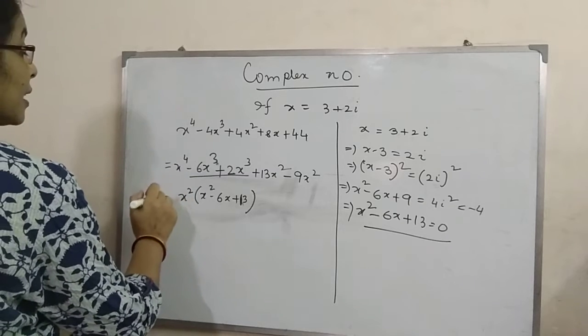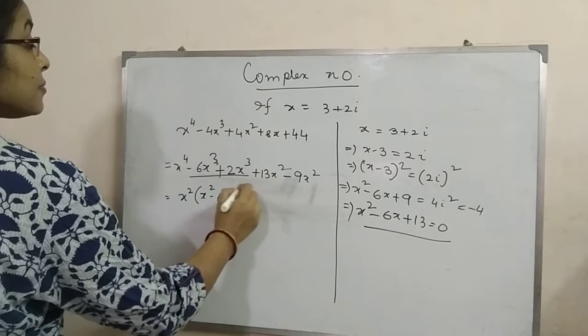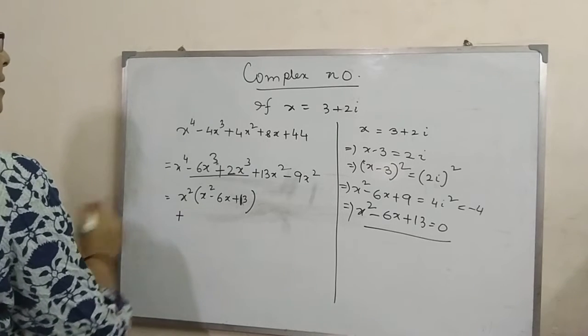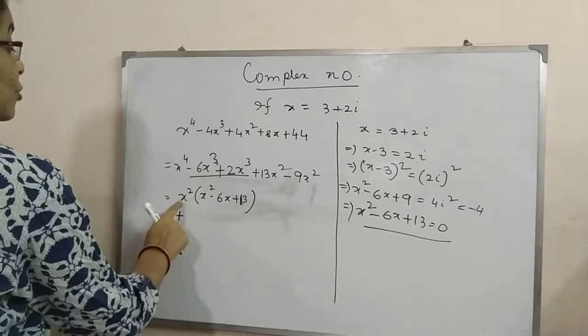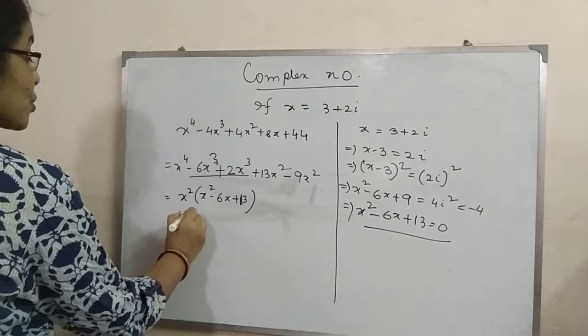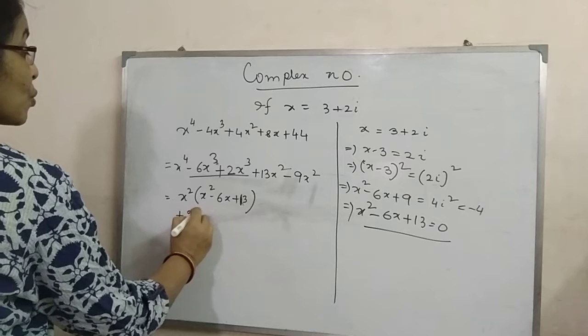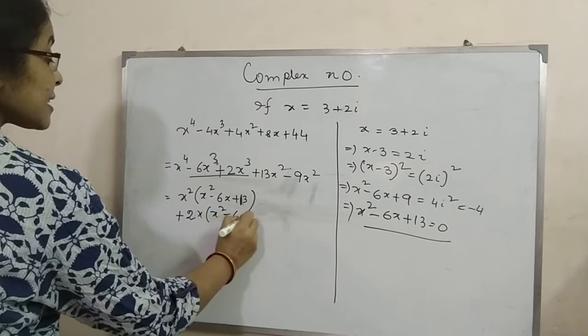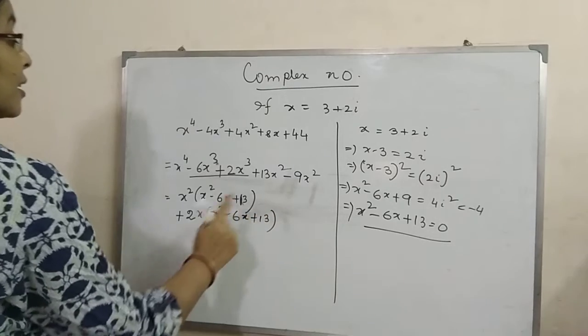So I will write x to the power 4 minus 6x cube plus 2x cube, into x square minus 6x plus 13.